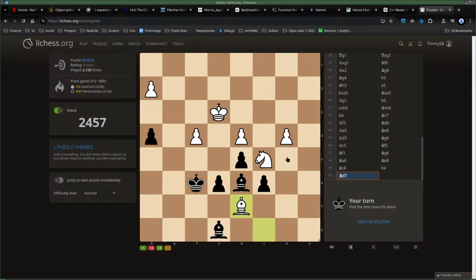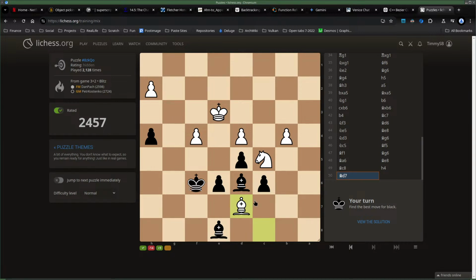Which is better, take the knight or take the bishop? I win this pawn afterwards, I think.